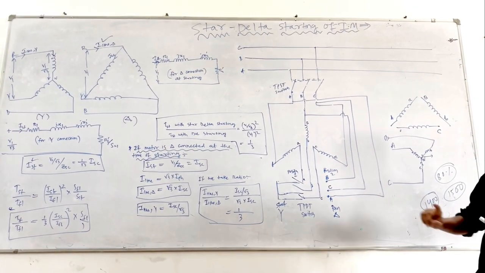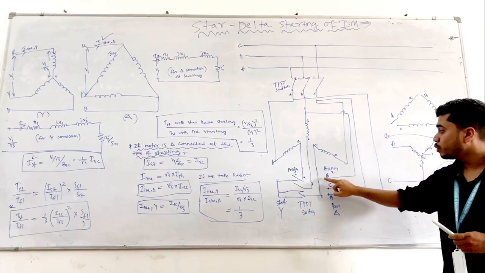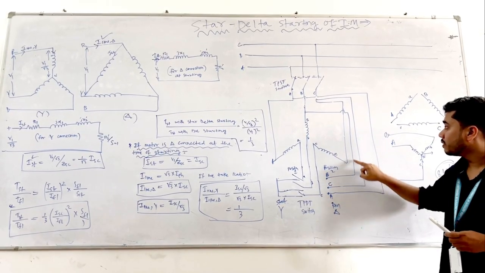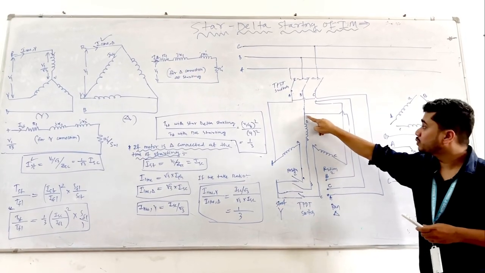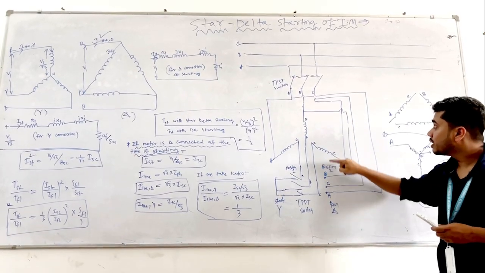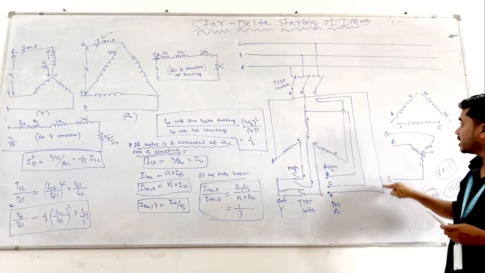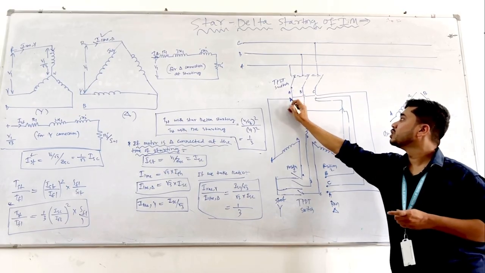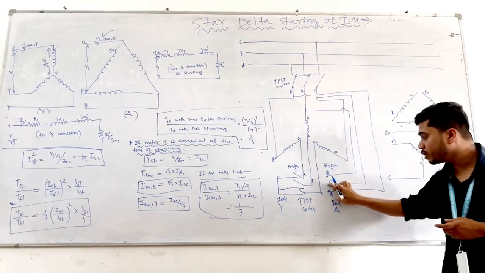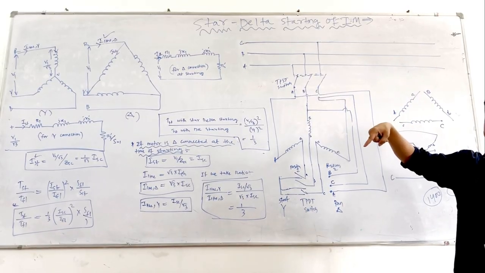In position 2, I have 3 terminals. Where are these 3 terminals coming from? From the B phase. This is my B phase line. From the B phase I have taken one point, from the C phase I have taken one point, and from the A phase I have taken one point. So I have 3 points available here, taken from phase A, phase B, and phase C. Understood?